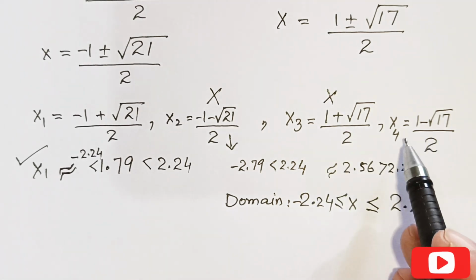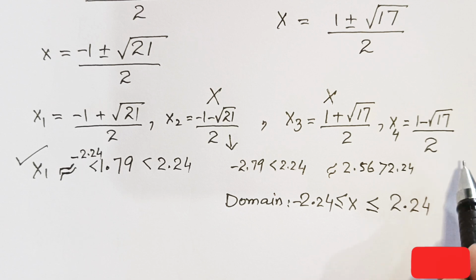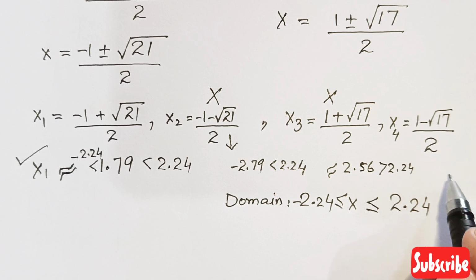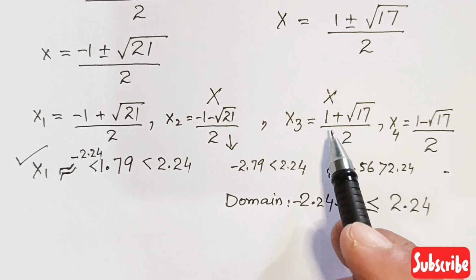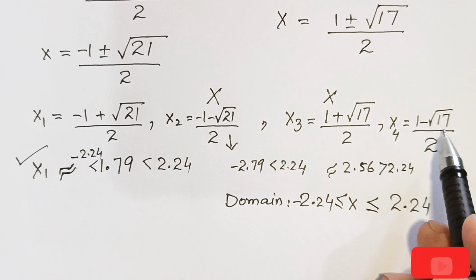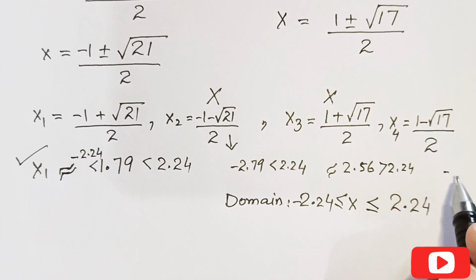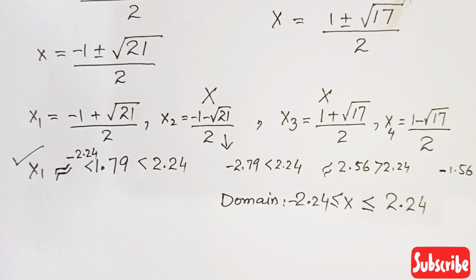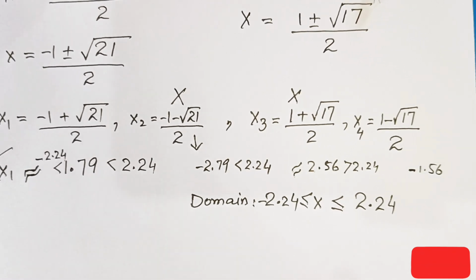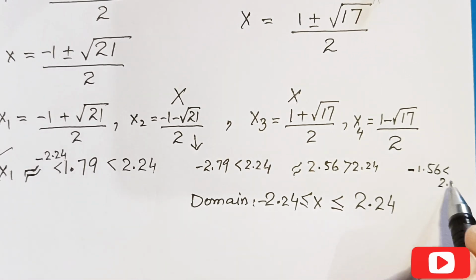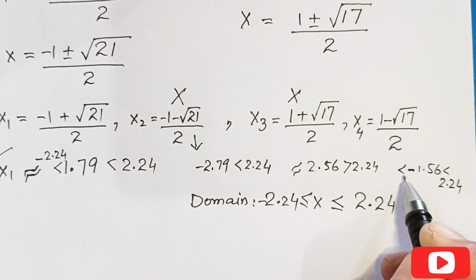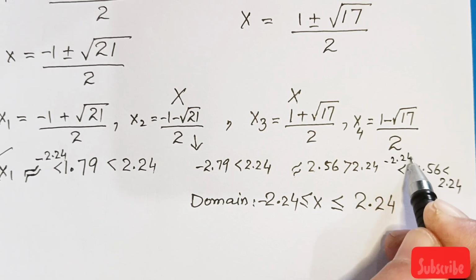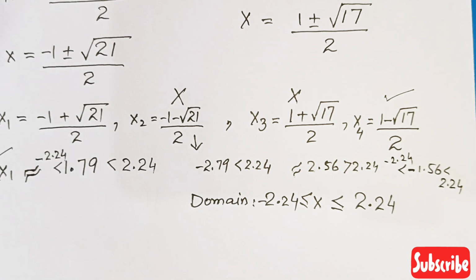When we see x4, it is approximately equal to 1 minus square root of 17 over 2, so it is minus 1.56, and minus 1.56 is greater than minus 2.24 and also less than 2.24. So it is a valid solution.